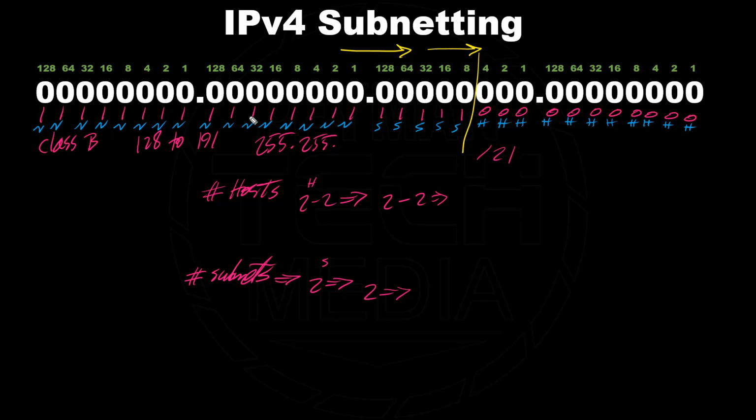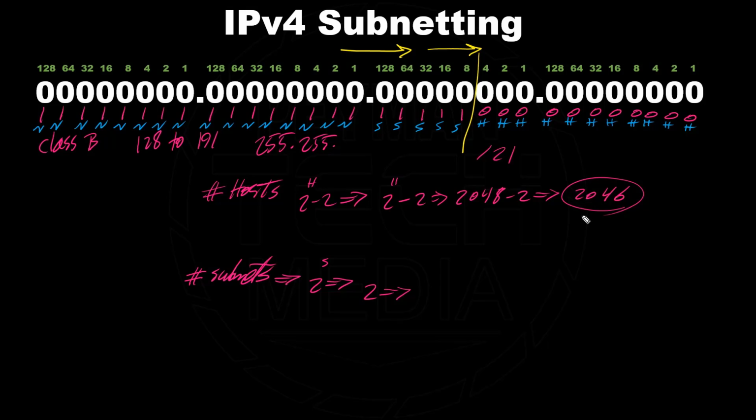This will give us 21 ones and 11 zeros. So the number of hosts is 2 to the power of 11 minus 2, which is 2048 minus 2, 2046. So 2046 available IP addresses per subnet.